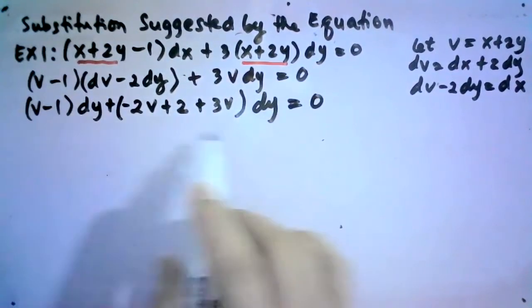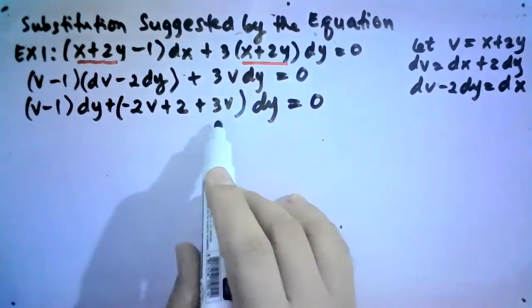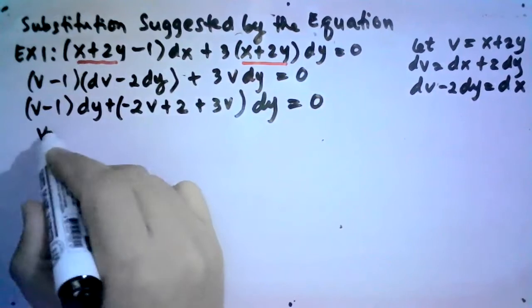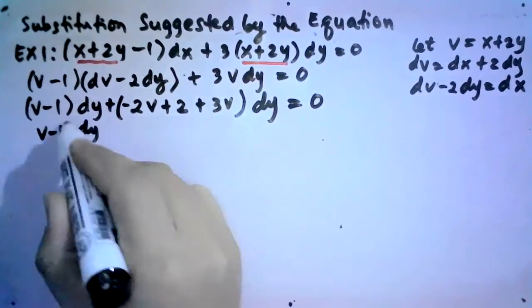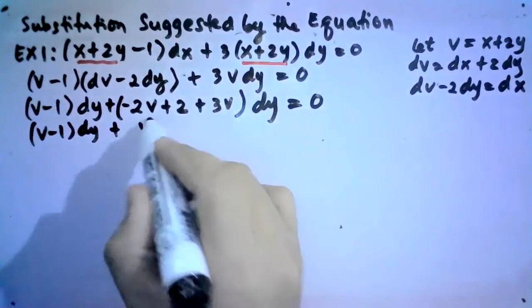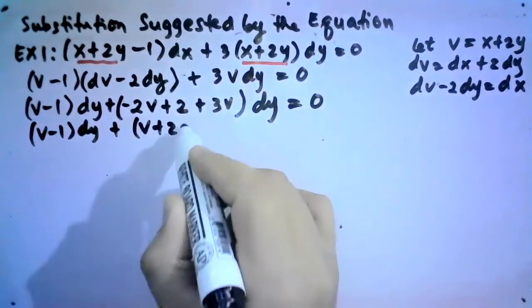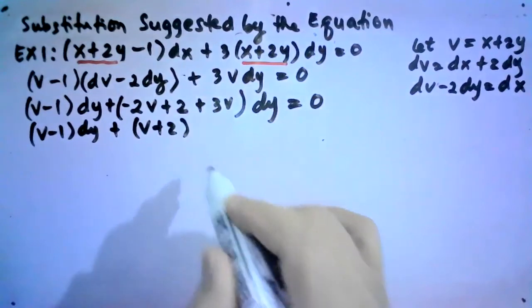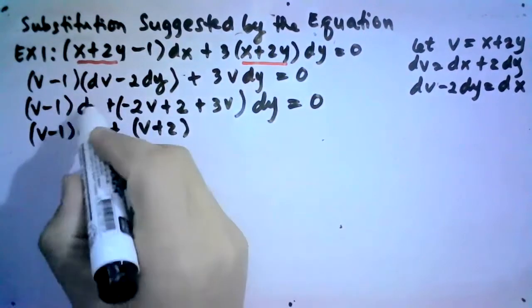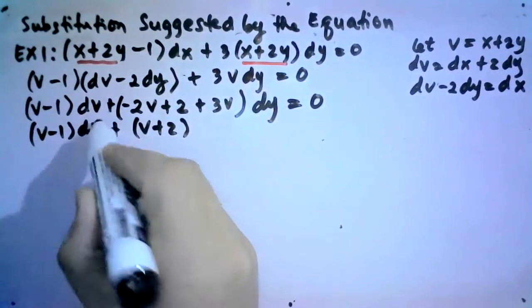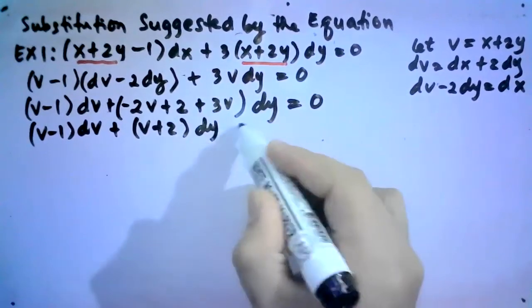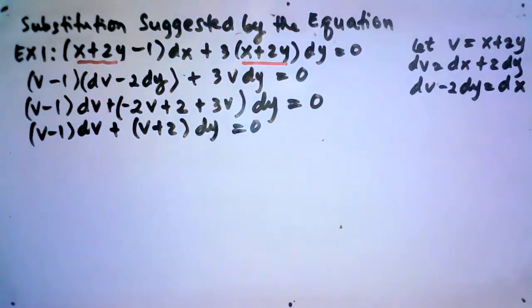And then we have here negative 2v plus 3v, that is v plus 2. So we have v minus 1 dv, and then plus v plus 2 dy. Sorry, this one is dv, and that one is dy, which is equivalent to 0.